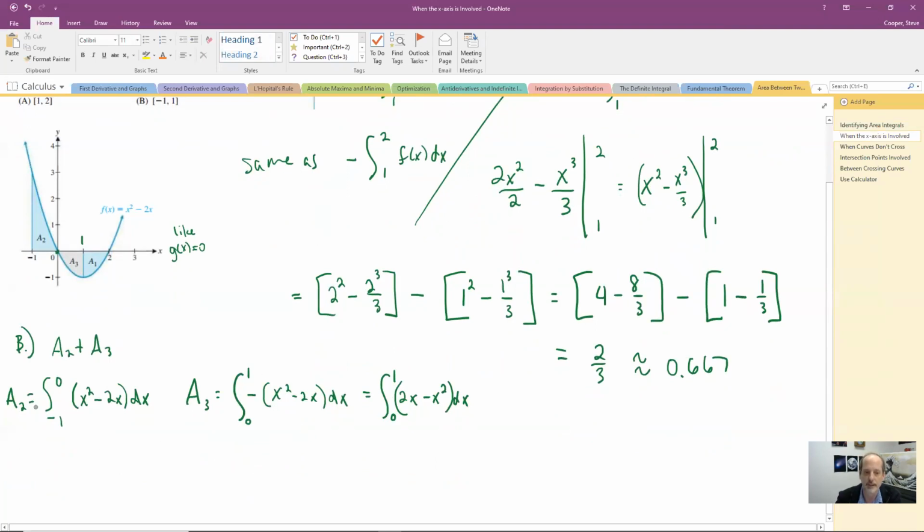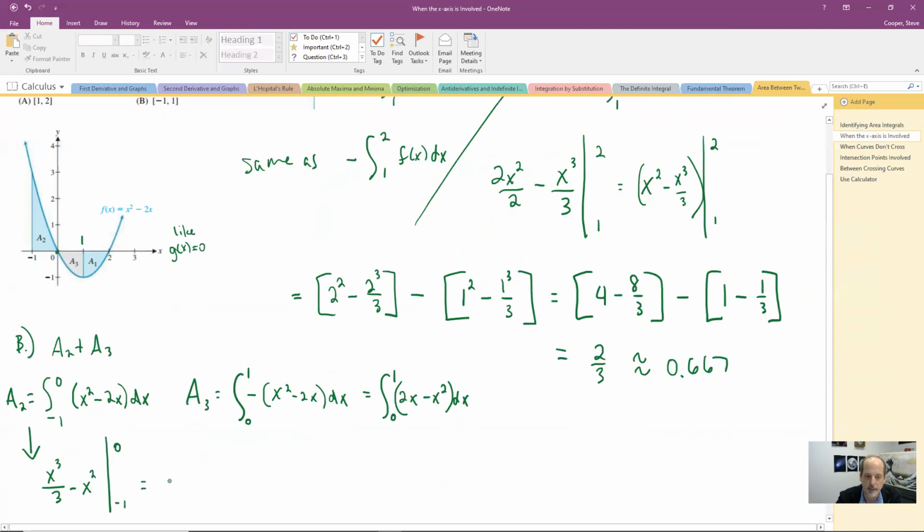Okay, so let's get A2 calculated. This is going to be x cubed over 3 minus 2x squared over 2, which is just x squared, running from negative 1 to 0.